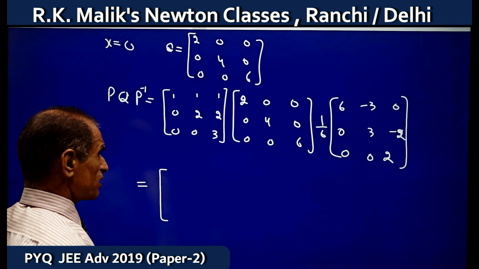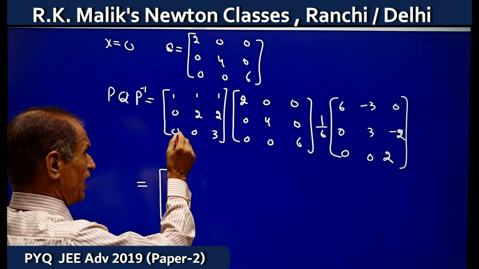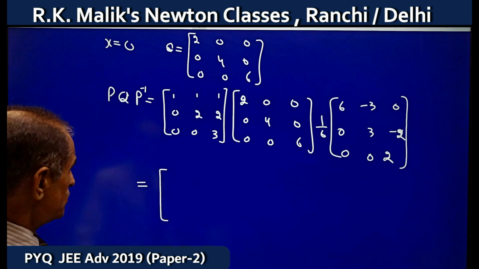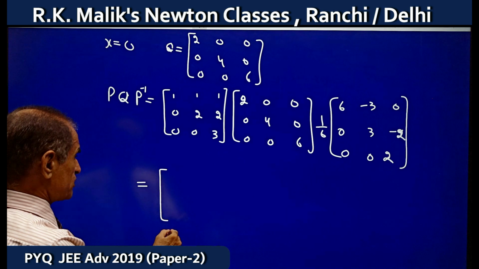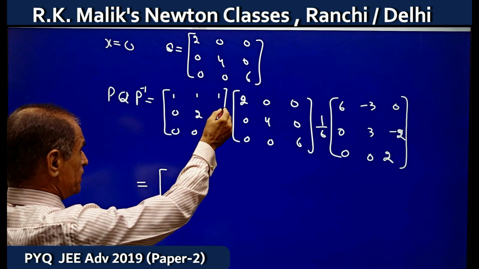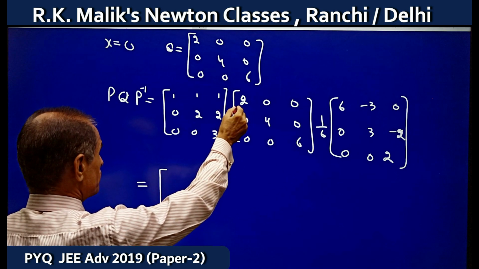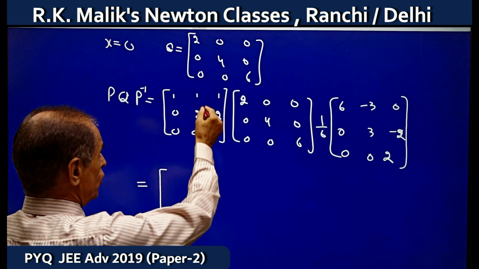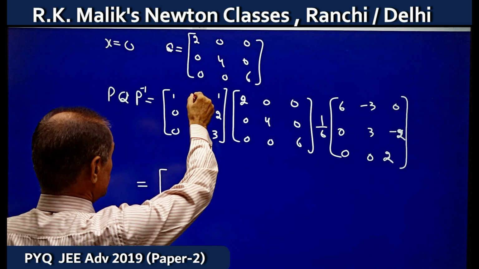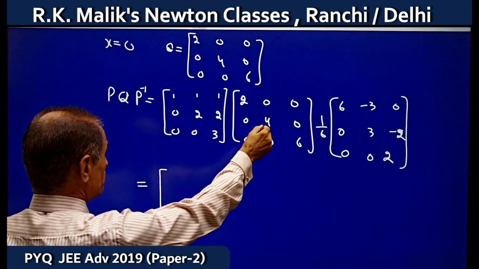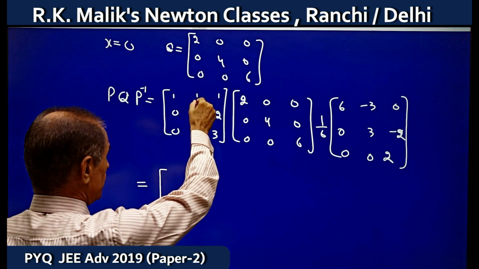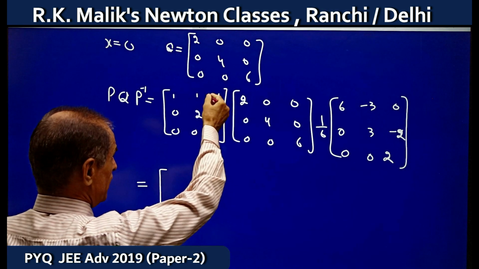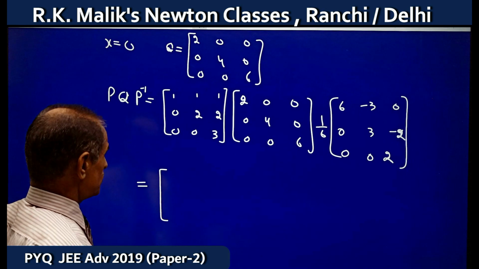As I told you in the very beginning, if you post multiply any matrix by a diagonal matrix, all the elements in the first column will be obtained by multiplying these elements by 2. All the elements in the second column will be obtained by multiplying these elements by 4, and similarly for the elements of the third column.